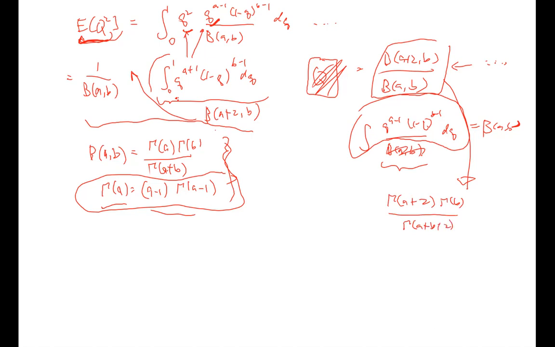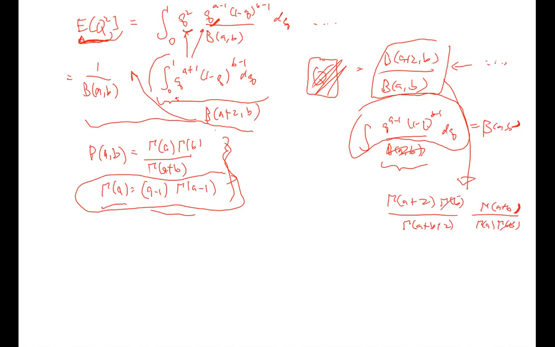B(A, B) is like gamma A, gamma B over gamma A plus B. Okay, maybe I'll wait for you a little bit.